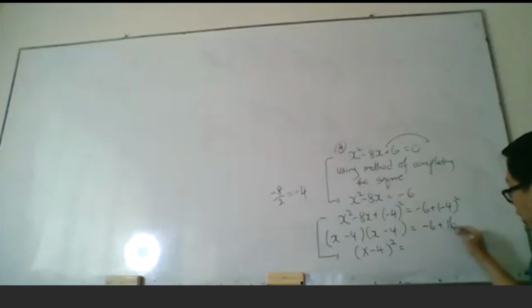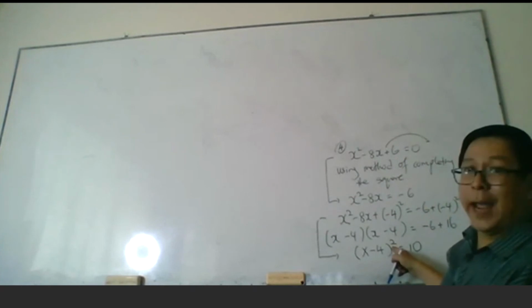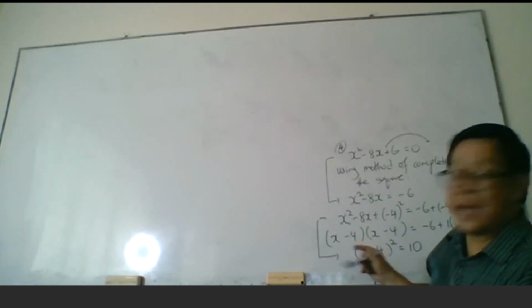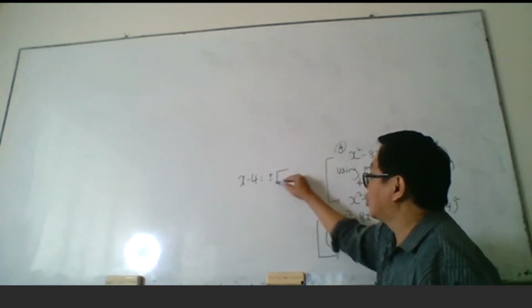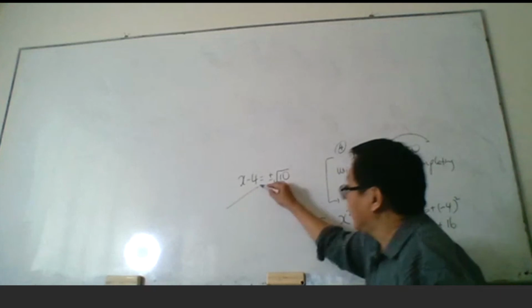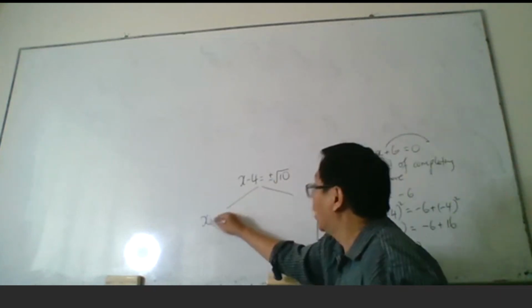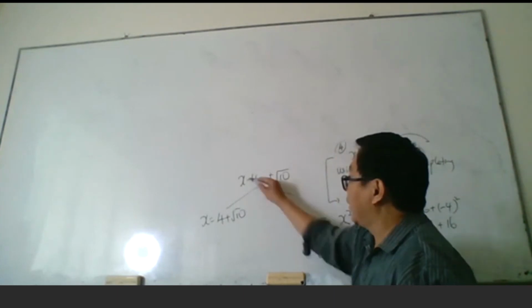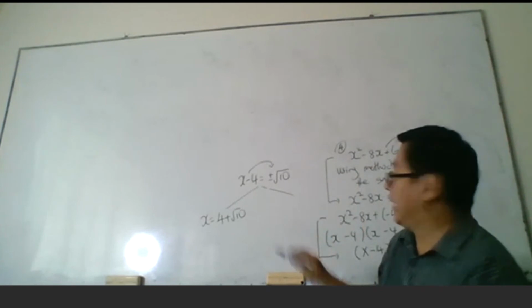So we come to 10. Remember, this is a square. When a square comes to a square root, there must be plus minus. So x minus 4 will be plus minus square root of 10. Then you can split into 2 different equations. x will be 4 plus square root of 10, because the minus will shift to the right.